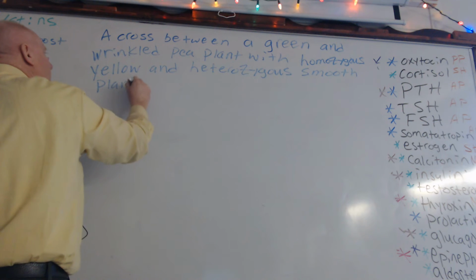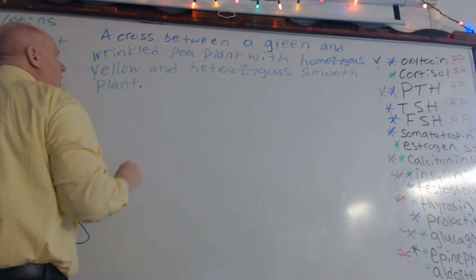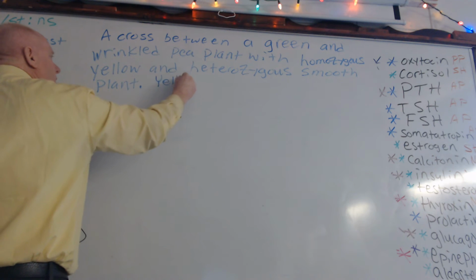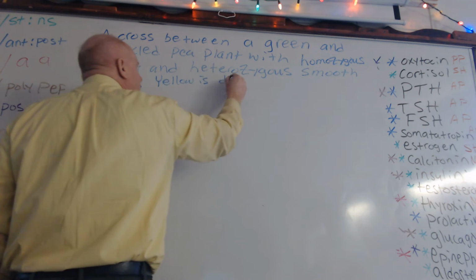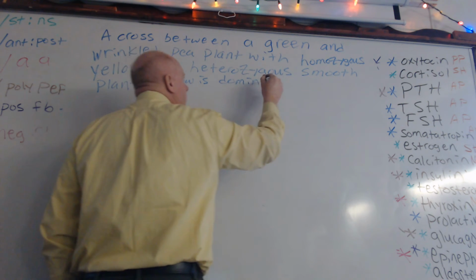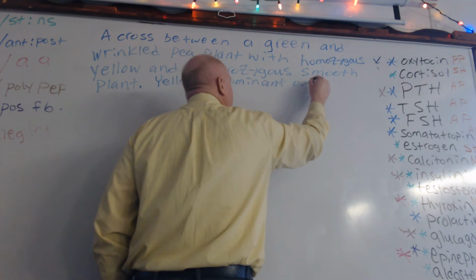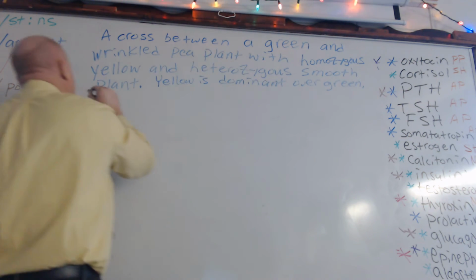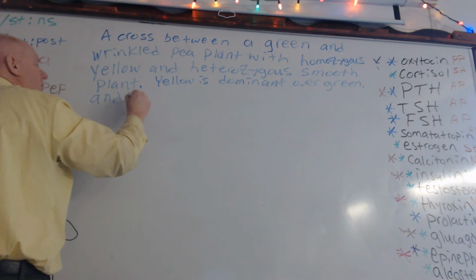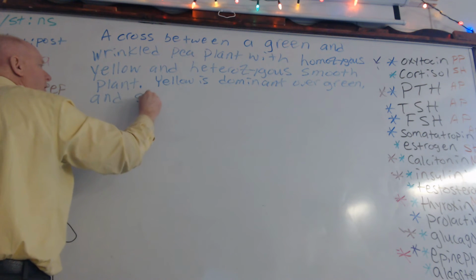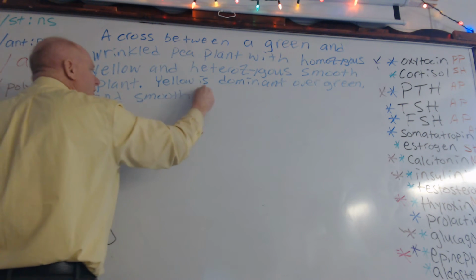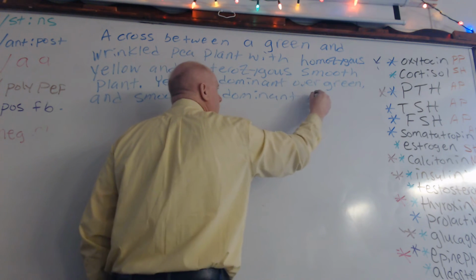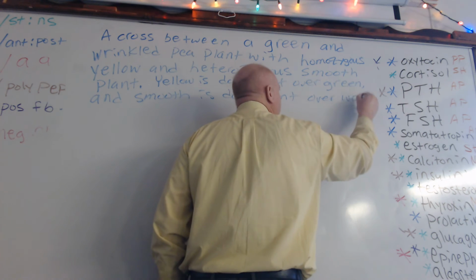Okay, one last thing we need to say is yellow is dominant over green and smooth is dominant over wrinkled.